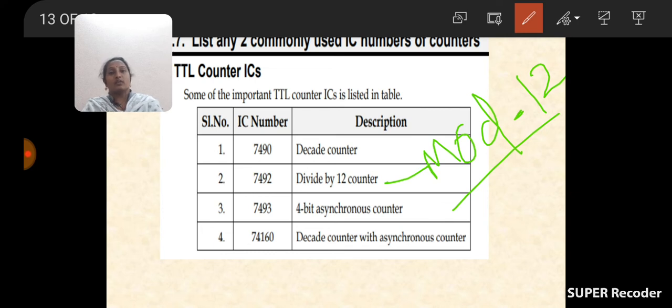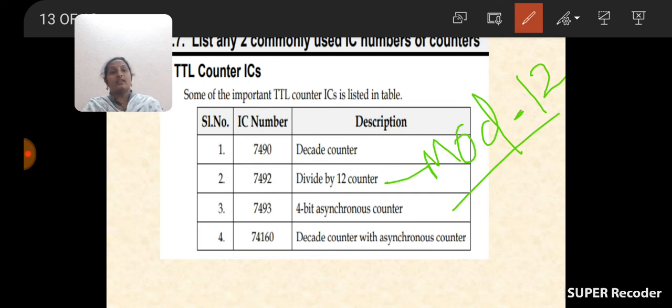The next IC is 7493. 7493 will provide a 4-bit asynchronous counter. A 4-bit asynchronous counter means how many output states does it provide? 16 states. 16 means from where to where? 0 to 15. And the next one is 74160.